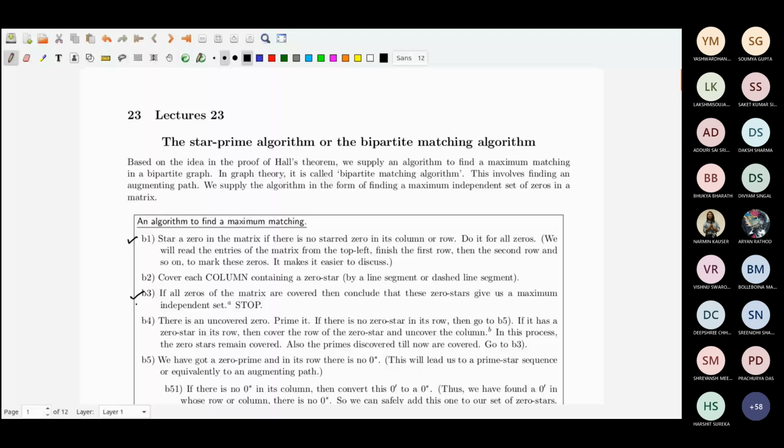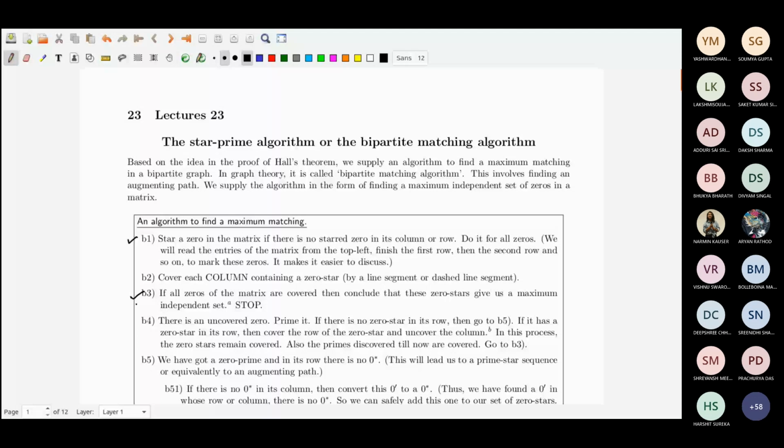Okay, and in that way that prime also gets covered. Okay, and it will again ask the same question, whether all the zeros are covered. If the answer is yes, it will stop. If the answer is no, then get a zero prime. Ask the same question, and it repeats.